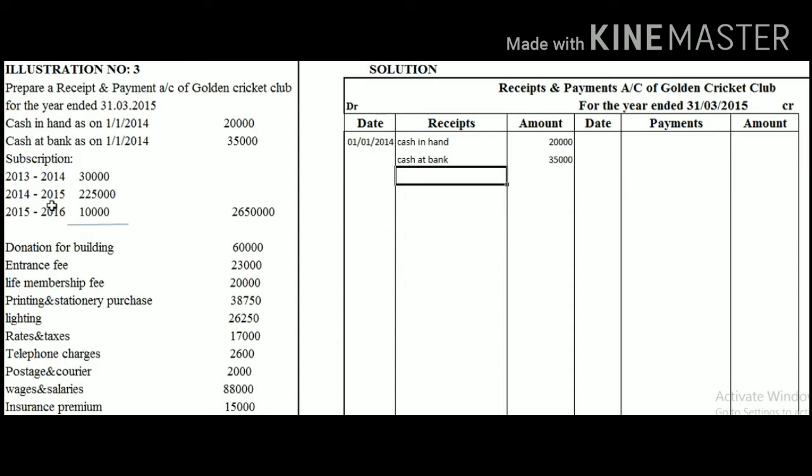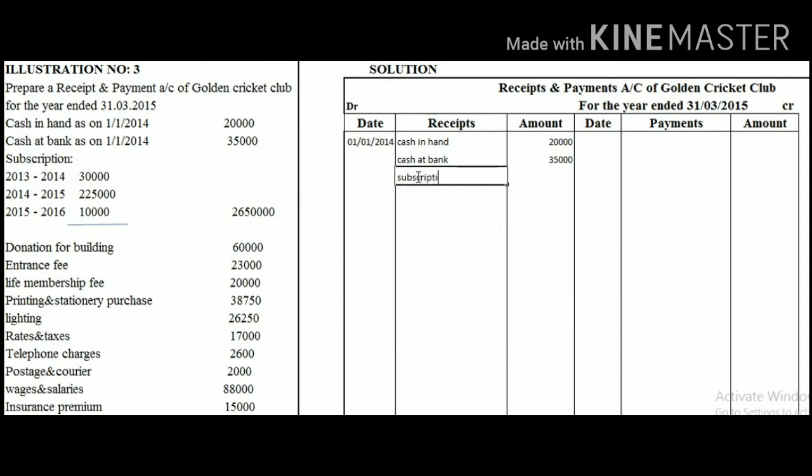Here the current year subscription is 2,25,000, the previous year subscription is 30,000 and the future year subscription is 10,000. These 3 years' subscriptions are recorded in receipt and payment account. So the next item is subscription.